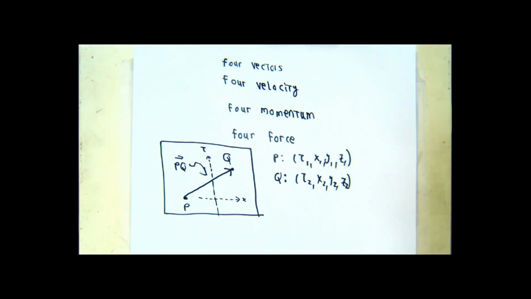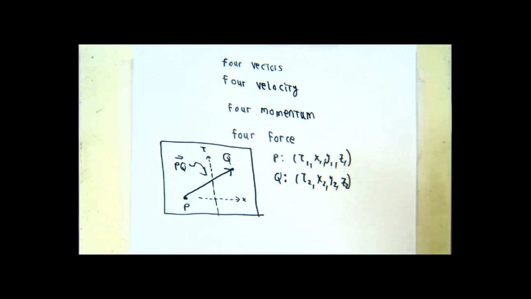If I introduce a coordinate system, an inertial reference frame, I can identify P with quadruples of numbers T1, X1, Y1, and Z1. Likewise for Q, just as we did back in third semester calculus, the vector that goes from P to Q is going to be a quantity, which is an arrow. It's going to have a certain length and a certain direction.